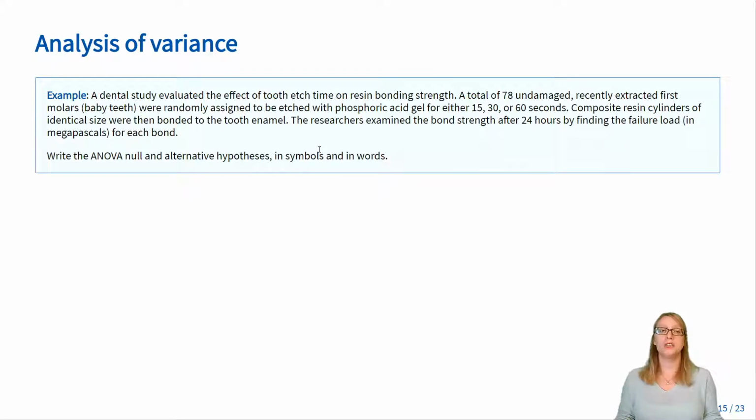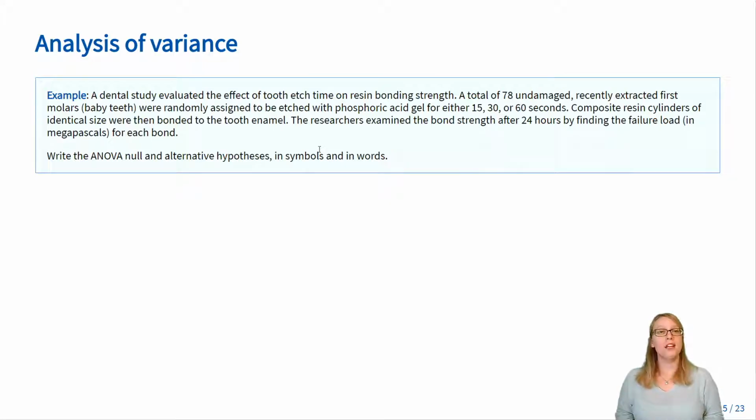We're choosing to use baby teeth because they have been removed in a clinical setting and will be later replaced. So there's no ethical implications here. Composite resin cylinders of identical size are then bonded to the tooth enamel. The researchers examined this bond strength after 24 hours by finding what's called the failure load. In other words, how much force do they have to apply in order for the bond to break? So a higher failure load indicates a stronger bond.